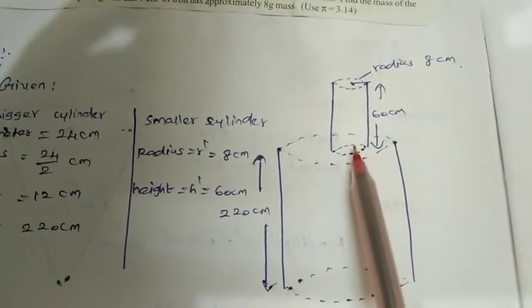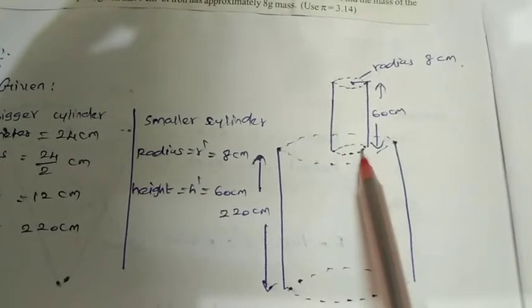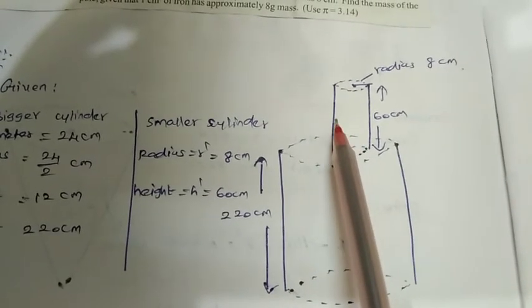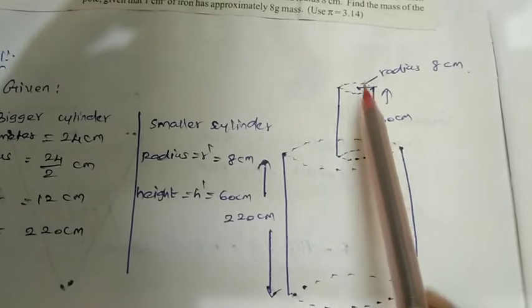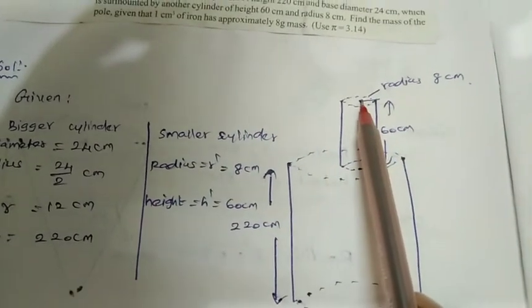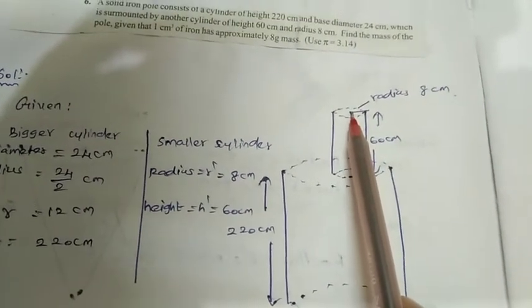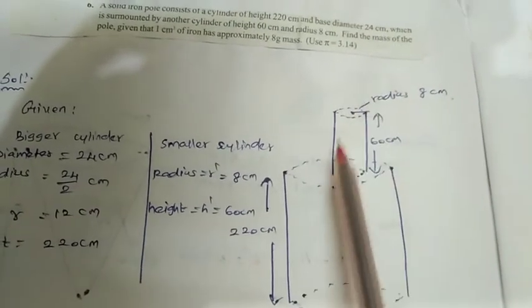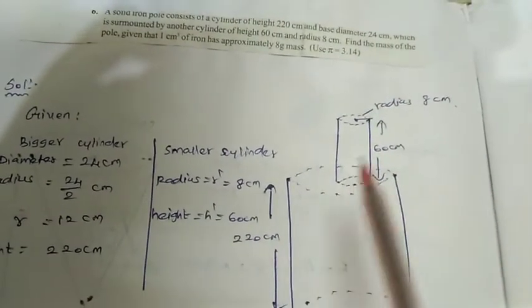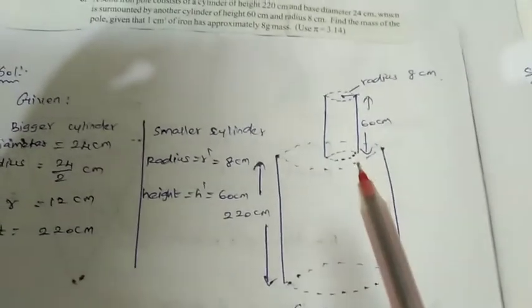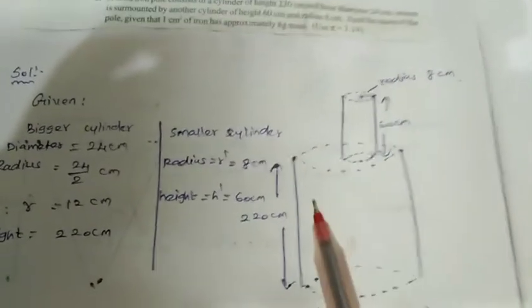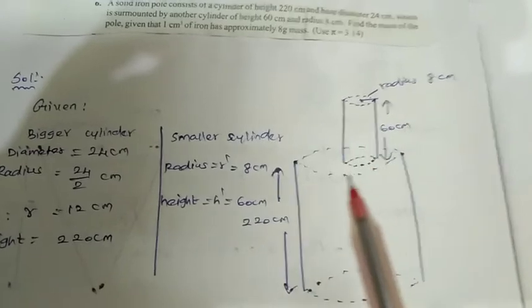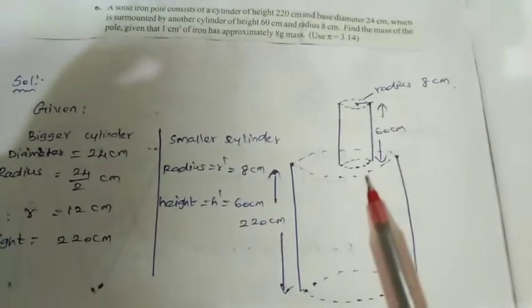So we need to exclude, that is minus, this area of the circle. Next, the curved surface area of the smaller one, and its top. So this one is the total surface area. We need to solve according to the question, and we want to give all types of answers.